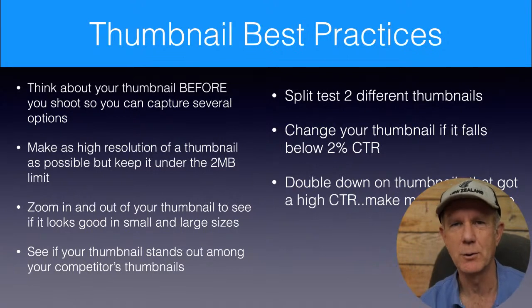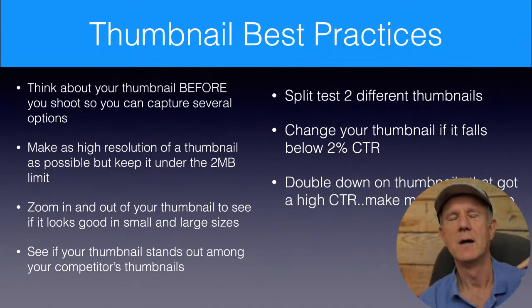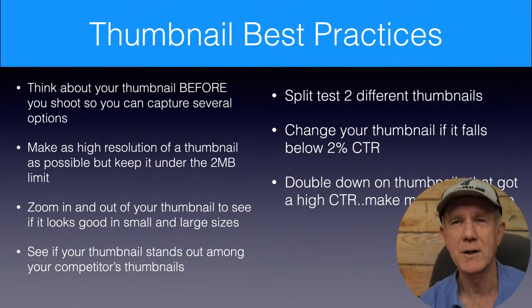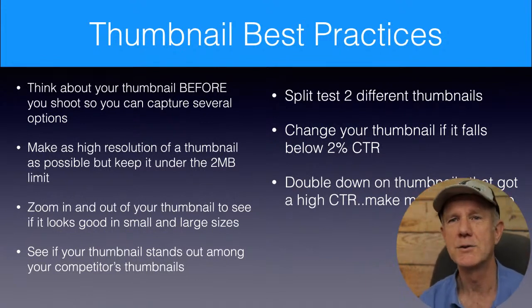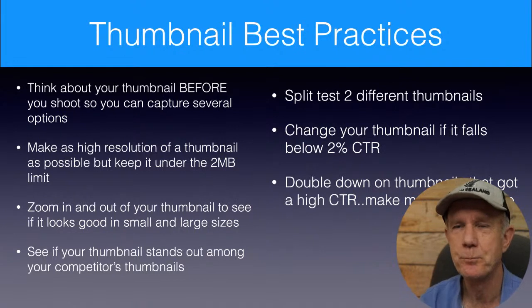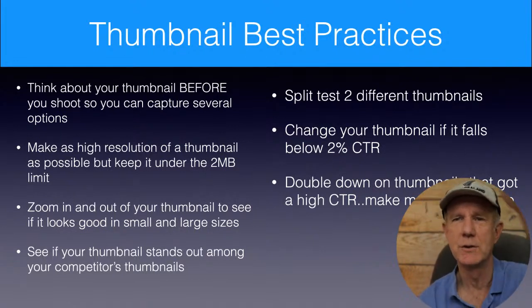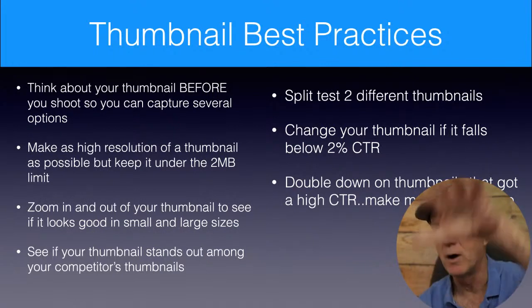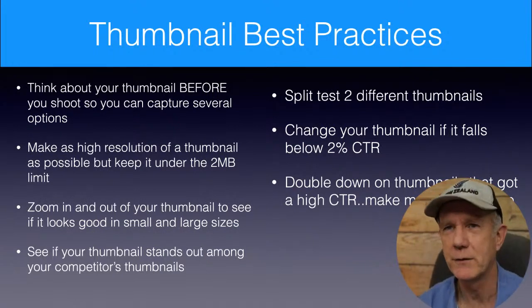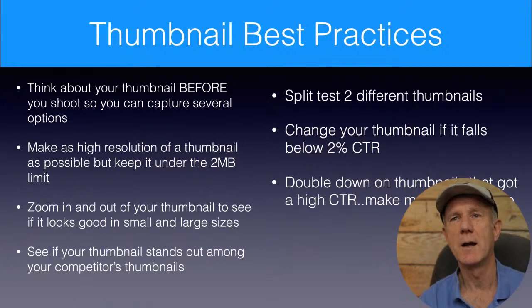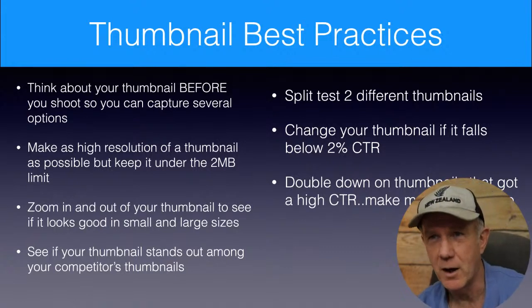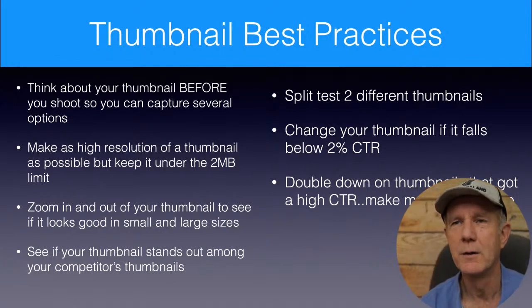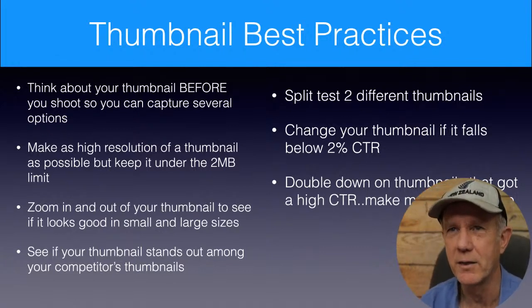Do the blink test: close your eyes, then open your eyes and see if your eye immediately goes to your thumbnail instead of your competitors' thumbnails, because that's how people are going to see it when they see those suggested videos on the right side of the video that they're just watching, and it will determine if their eye will go to your video thumbnail instead of the others.